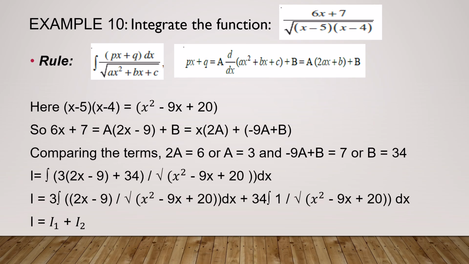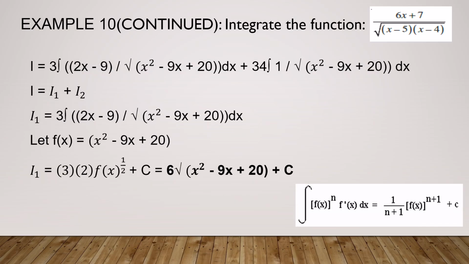Taking 3 outside, just separate both the terms. The first term is (2x minus 9) upon root of x square minus 9x plus 20, and the second integral is 34 upon root of x square minus 9x plus 20. Let us individually solve both these integrals. For the first integral, it is 3 into the integral of (2x minus 9) upon root of x square minus 9x plus 20.